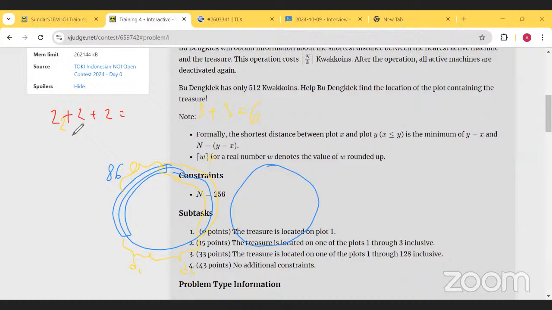Or you can use the second solution with cost 4 plus 2. Or you can also do the last solution with cost 3 plus 3. Okay. Any question about this problem?